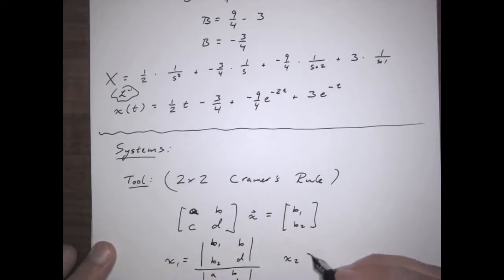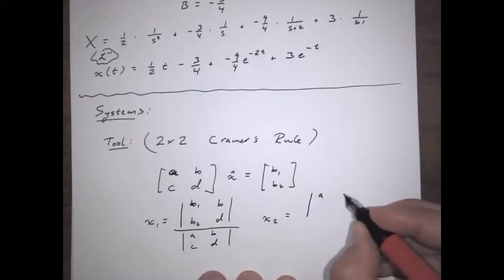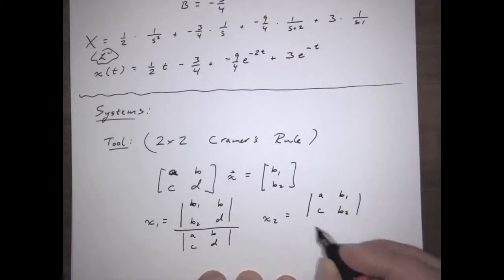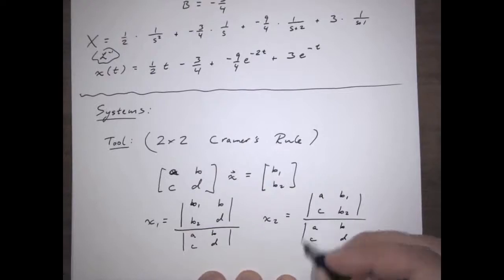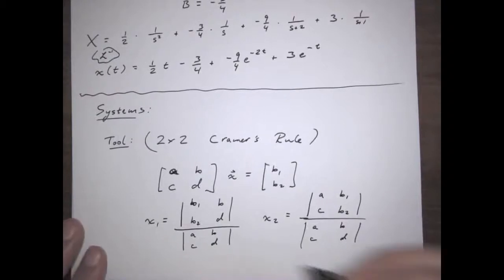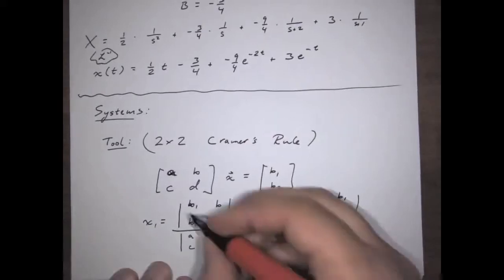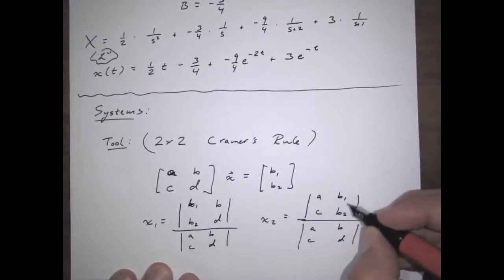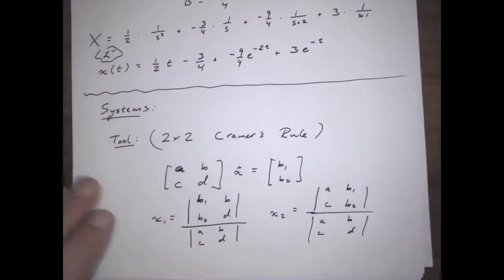And x2 we can just boil down into the determinant of a, b1, c, b2 divided by the determinant of a, b, c, d, where these represent once again the determinants of these matrices. And what we've just done is replace the first column of the original matrix by this piece over here, replace the second column of that matrix this time by this thing over here, and then divide by the determinant of the original matrix.